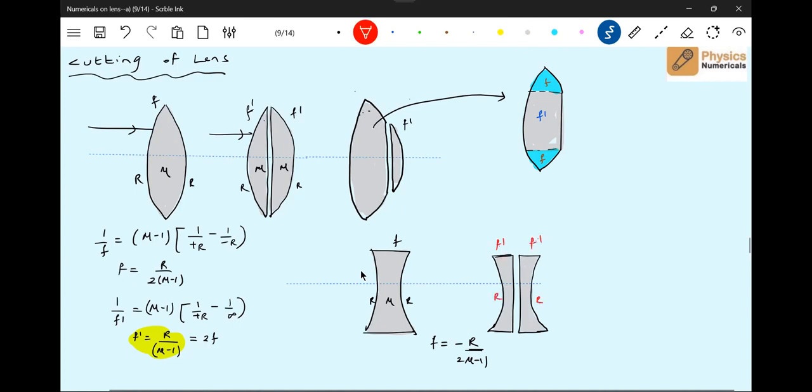This is r, this is r, this is mu. So what is f dash? f dash will be minus of r by (mu minus 1), which is nothing but again 2f. Either convex or concave lens, when you cut it normal to the optic axis, the focal length will get doubled.